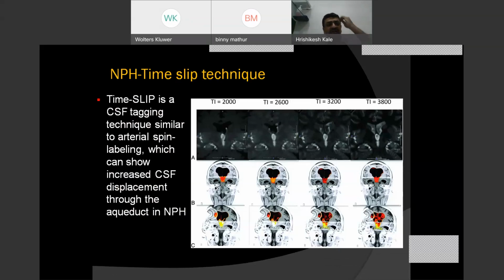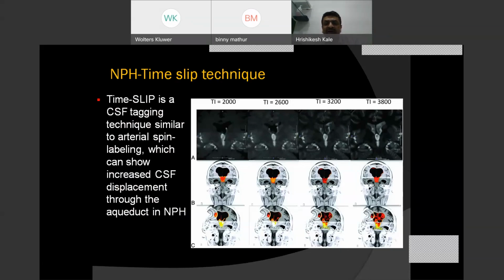Okay, so this is a newer technique which they have used in evaluation for NPH. This technique is similar to your arterial spin labeling. So on the top is your time-SLIP technique used in a normal patient. You can see reflux into the lateral ventricle, into the frontal horns of the lateral ventricle.